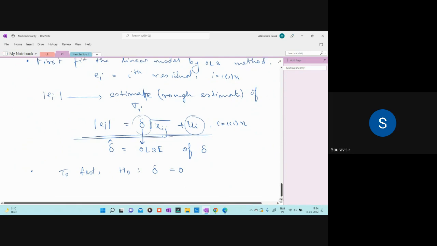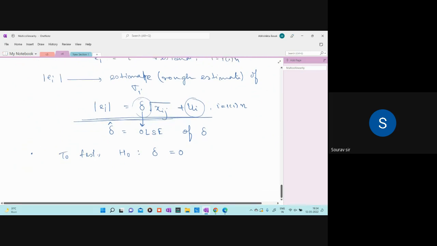So delta is the main factor we want to test. My test statistic T will be delta hat divided by the standard error of delta hat. Since we cannot find the standard error directly, we are going to estimate it. It has n minus 1 degrees of freedom under H naught.